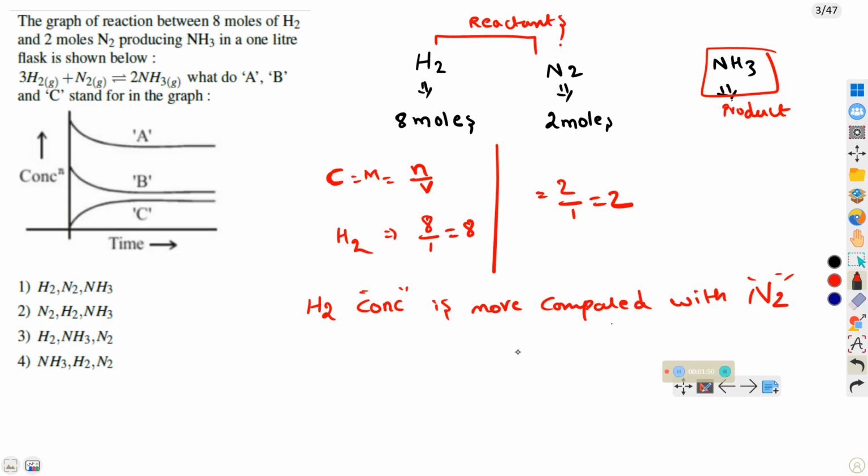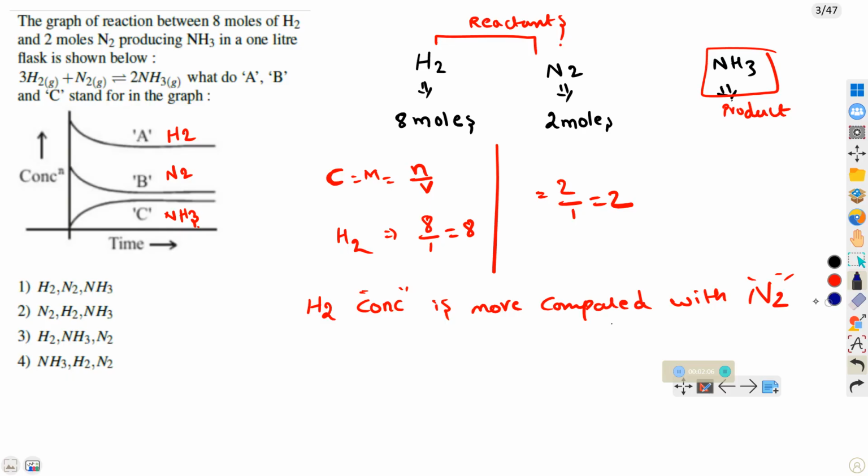So H2 has the highest concentration. So A is H2, the highest concentration. B is N2. C is the product ammonia.